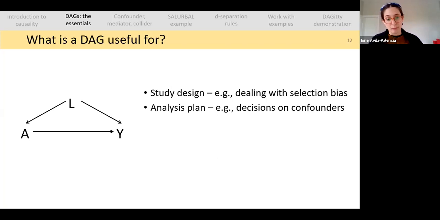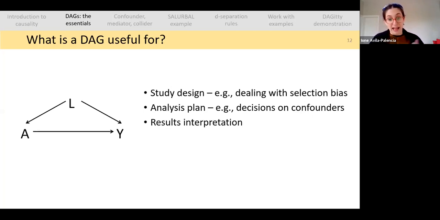Then when you already have your data, are asking other research questions, and need to do your analysis plan, drawing a DAG is also very useful to identify which of your variables can be confounders or maybe mediators of the main association that you're looking at.